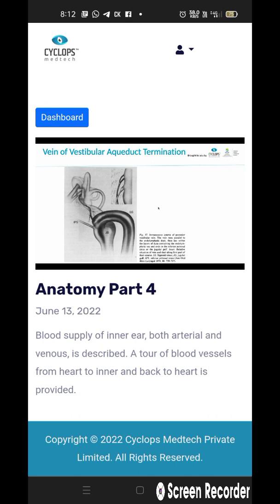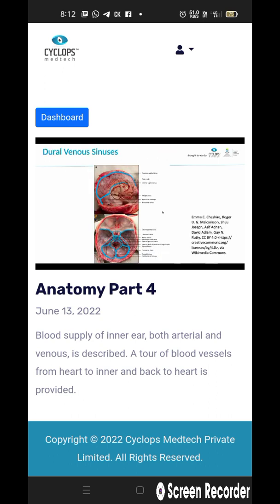From there, these are the dural venous sinuses. So the venous drainage is ultimately into the dural venous sinuses. In this picture we have depicted an intracranial view of the dural venous sinuses.